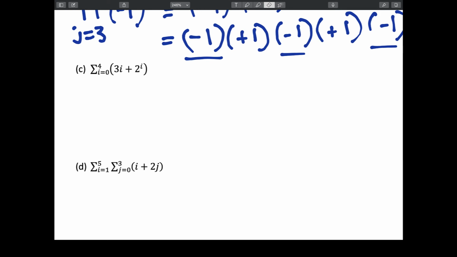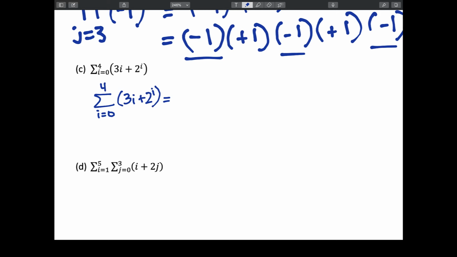The next question we have is a summation from i equals 0 to i equals 4 of 3 times i plus 2 to the ith power.